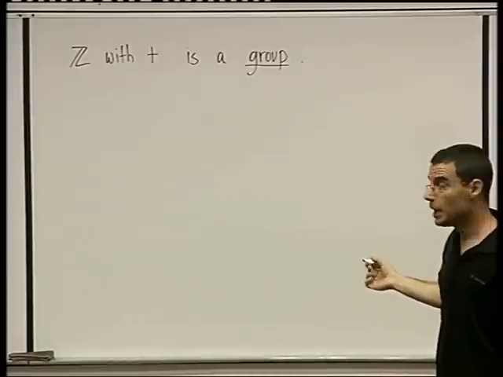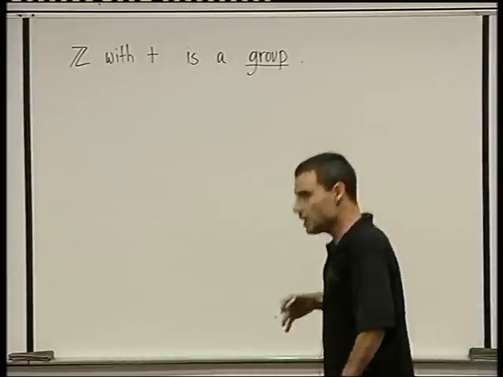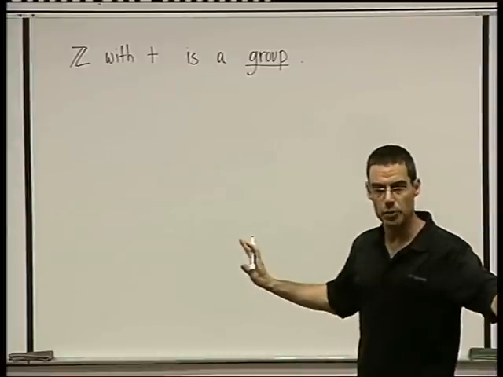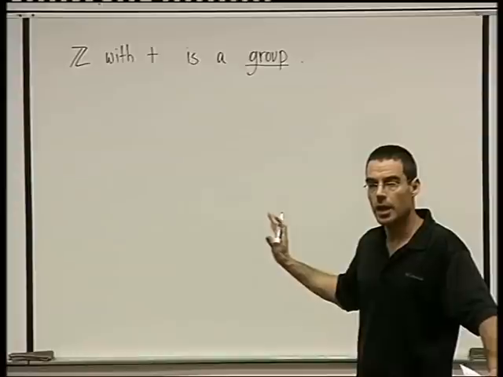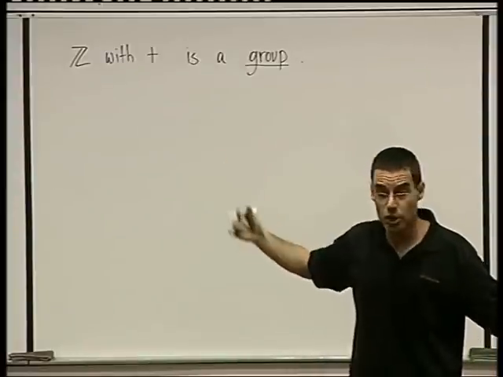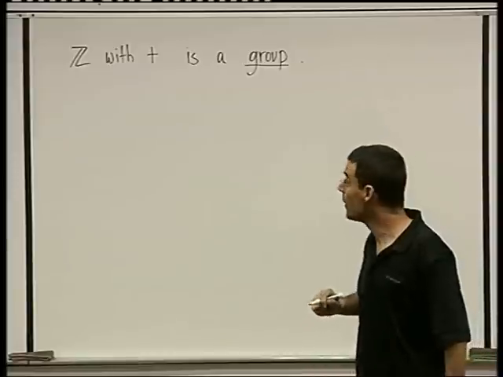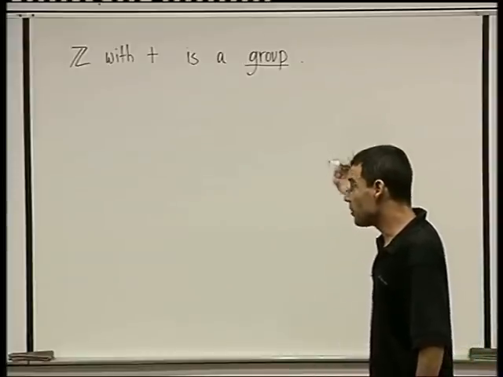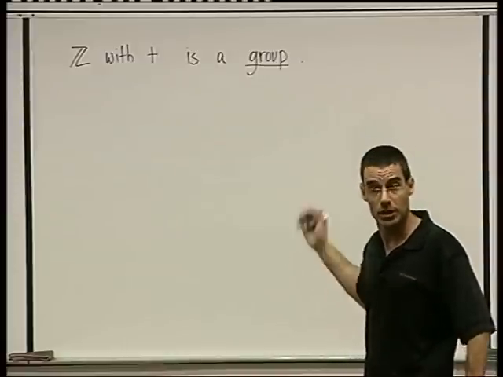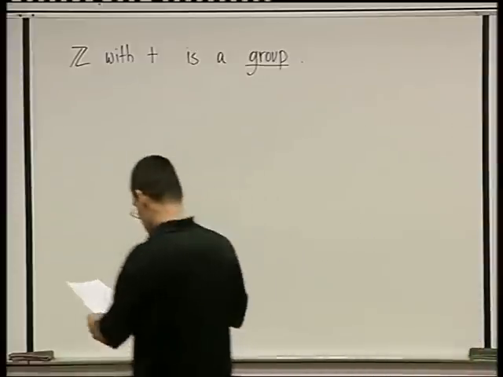Take a deep breath, and now I'm going to write something completely abstract, something that's living in the mind of a mathematician, or in your mind soon, which after I write it, we're going to see that Z is an example of that notion of a group. So what is a group?